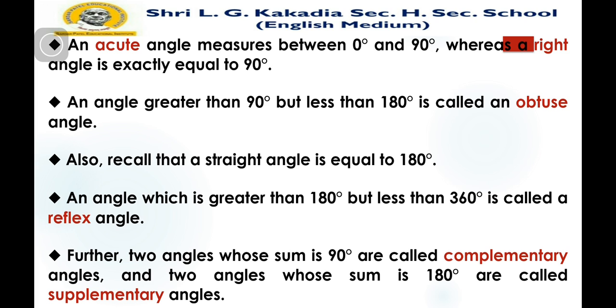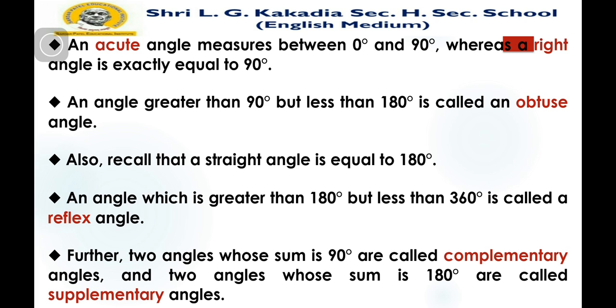Further, two angles whose sum is 90 degrees are called complementary angles. As we know, if we take the sum of two angles and it is equal to 90 degrees, then both the angles are known as complementary angles.